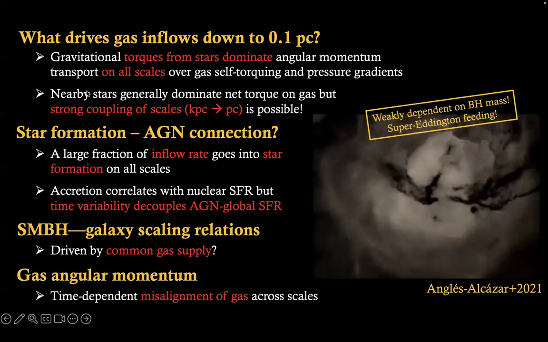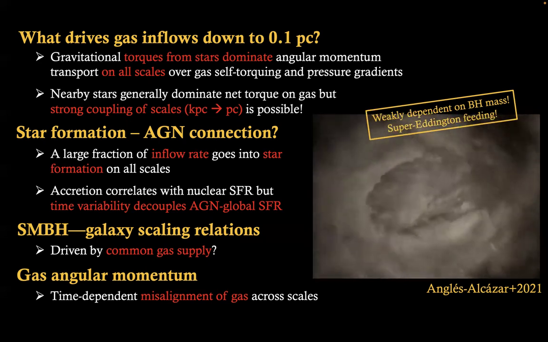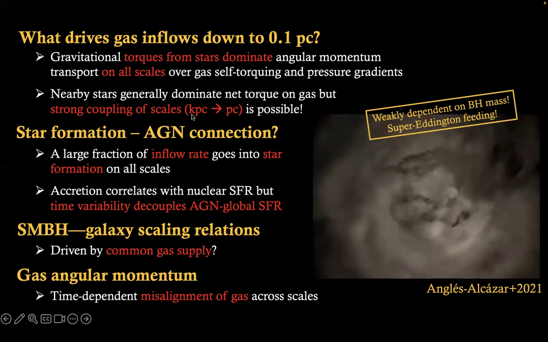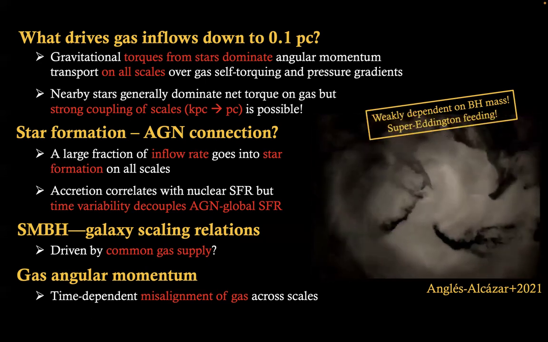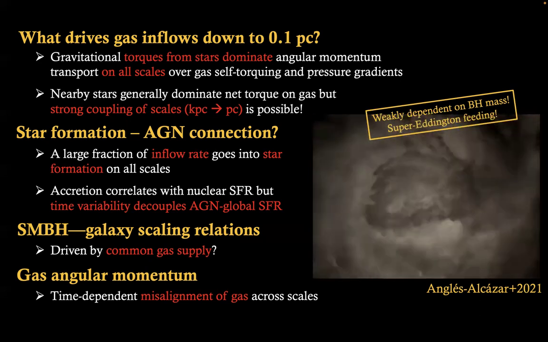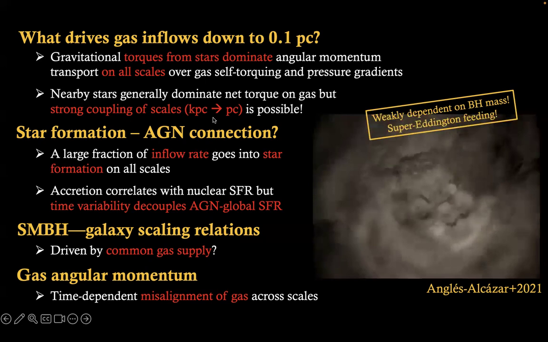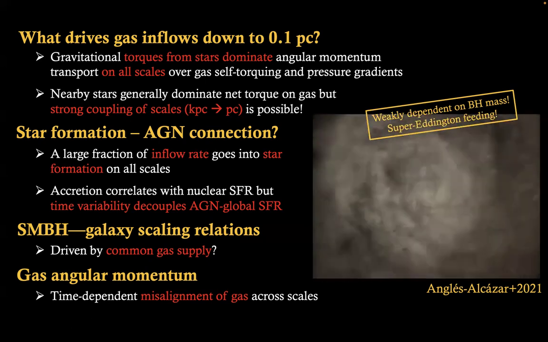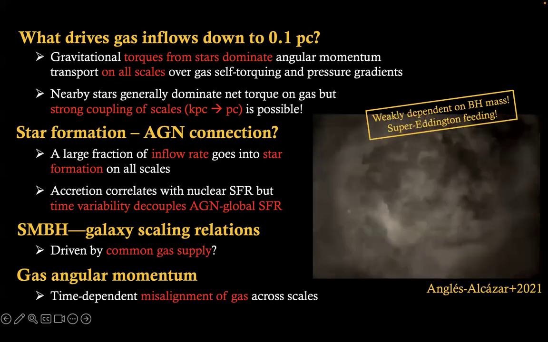Generally it is the stars that live near the gas that dominate the torque, but sometimes there's a very interesting coupling of scales. If there is a very strong non-axisymmetry in the stars on kiloparsec scales, sometimes the corresponding torque might be as important as the torque provided by a parsec or 10 parsec scale nuclear disk on gas very close to the black hole. So it is very important to be able to bridge across scales.